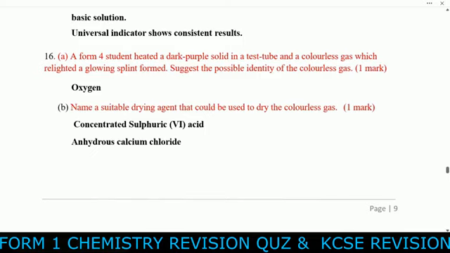B. Name a suitable drying agent that could be used to dry the colorless gas. That one is concentrated sulfuric acid or anhydrous calcium chloride.